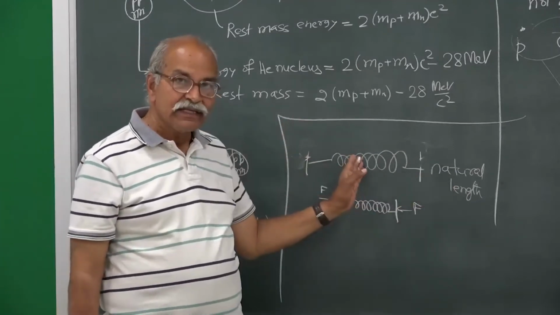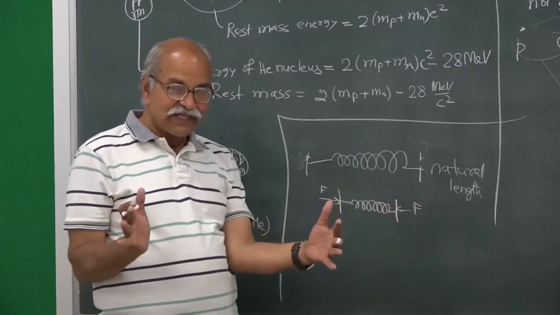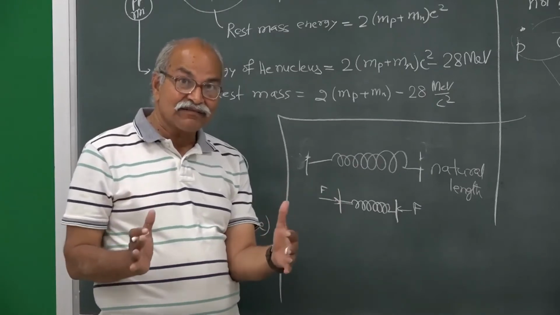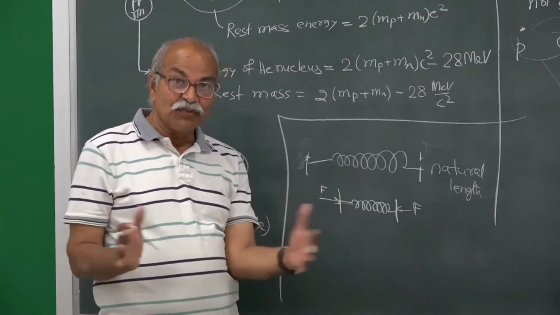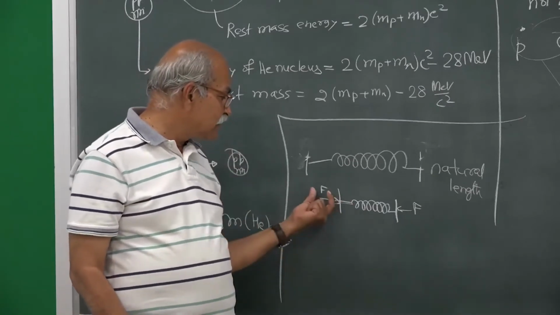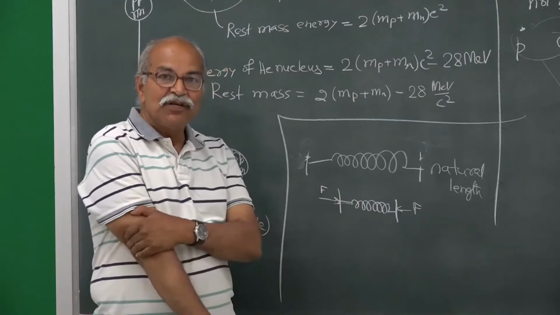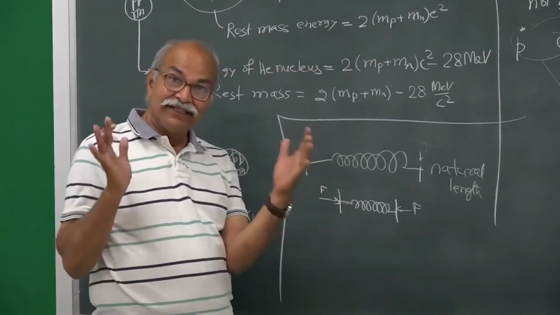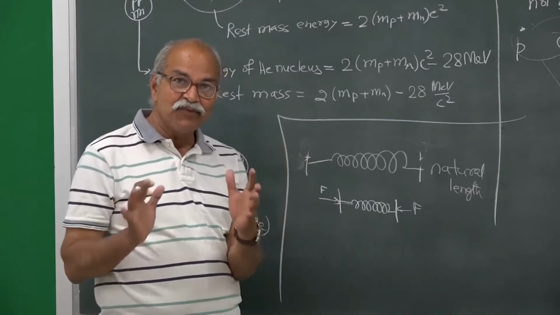Now you have applied forces and it is compressed and again it is at rest, this spring is not moving, right. So, this value of compression and this force are related, F is equal to K, the spring constant, times delta x, and then it is all in equilibrium, nothing is moving.